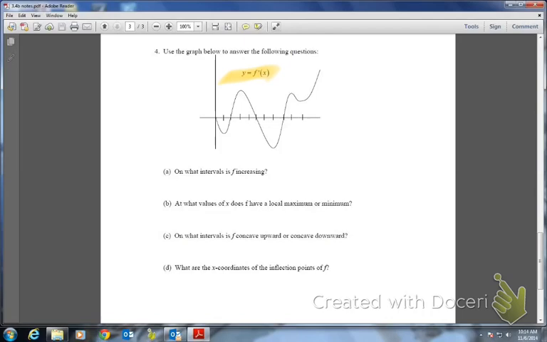So part A says, on what intervals is f increasing? So what does the derivative of f tell us about things that are increasing on the original? It's positive above. Good. So if f prime is positive, that means the original function is increasing. So if it's above the x-axis like it is here and like it is here. Really quick, I'm just going to add in a little 9, 10, 11, 12. So this is 1, 2, 3, 4, 5, 6, 7, 8, 9, 10, 11, 12.